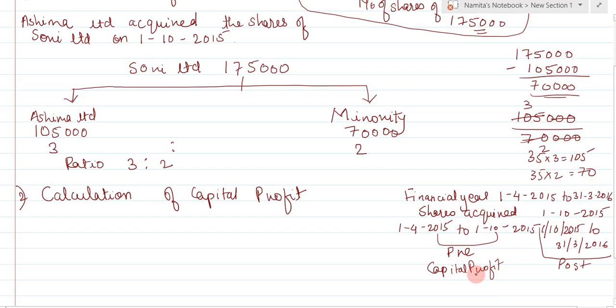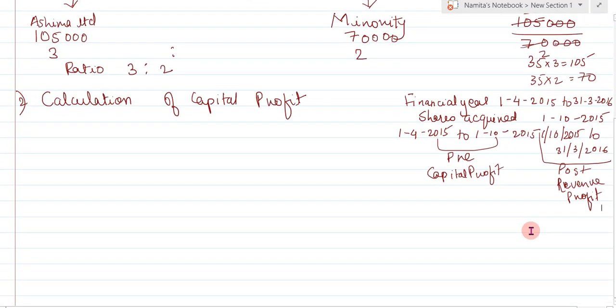And after acquisition, from 1st October 2015 to 31st March 2016, whatever profit is earned during that period will be called revenue profit. So for calculation of capital profit, we have to take the months before the acquisition.